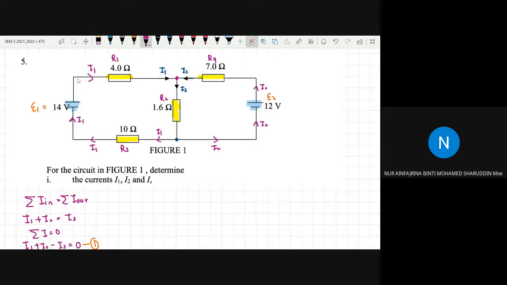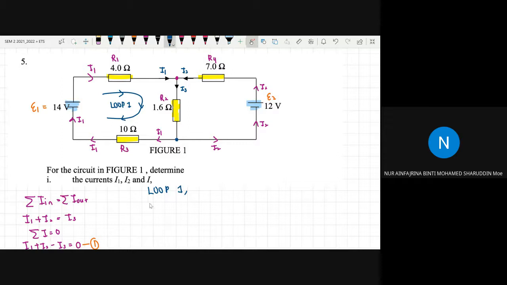Okay, now so Miss akan buat yang sebelah kiri ni dahulu. I'm gonna draw my loop. So Miss punya loop, dia akan jadi clockwise or anti-clockwise? Clockwise, very good. So dia akan jadi clockwise. So this is my first loop. Tulis loop 1.